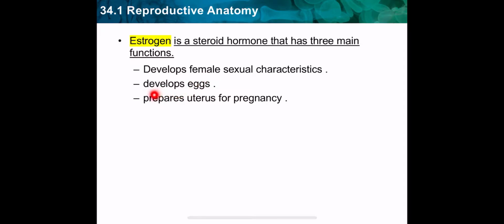Number two, it develops eggs. It helps in the menstrual cycle and in the formation of eggs. Number three, it prepares the uterus for pregnancy. As I told you, it has a role in the menstrual cycle that we are gonna talk about in the next lesson. Those are the three main functions of estrogen, the female steroid hormone.